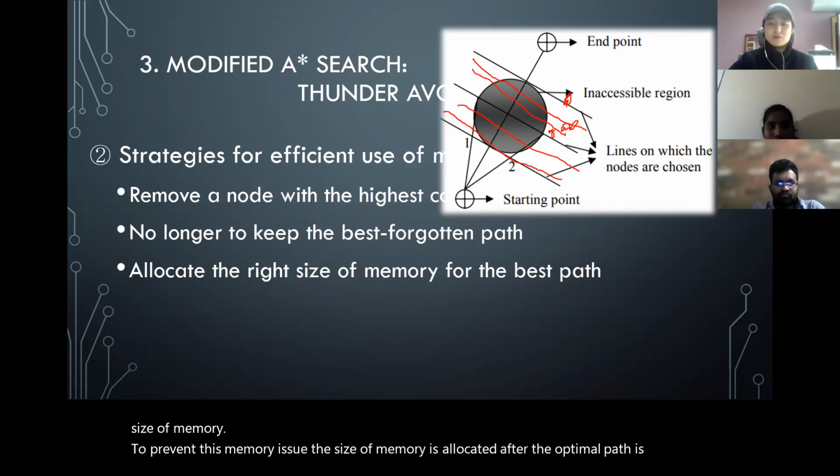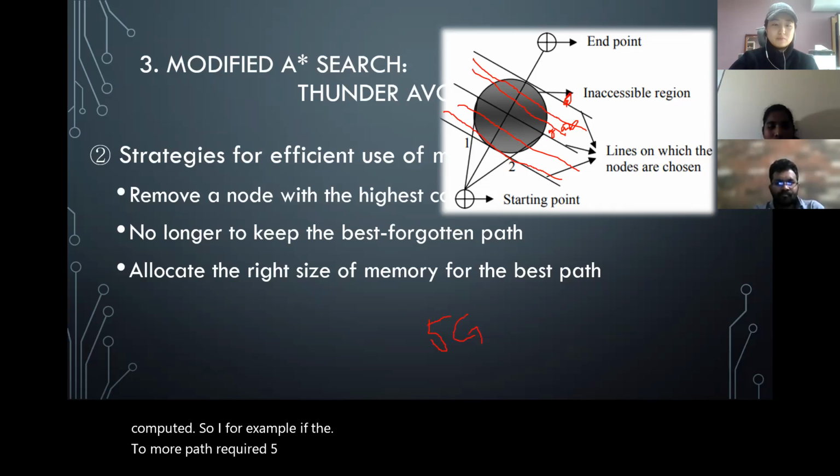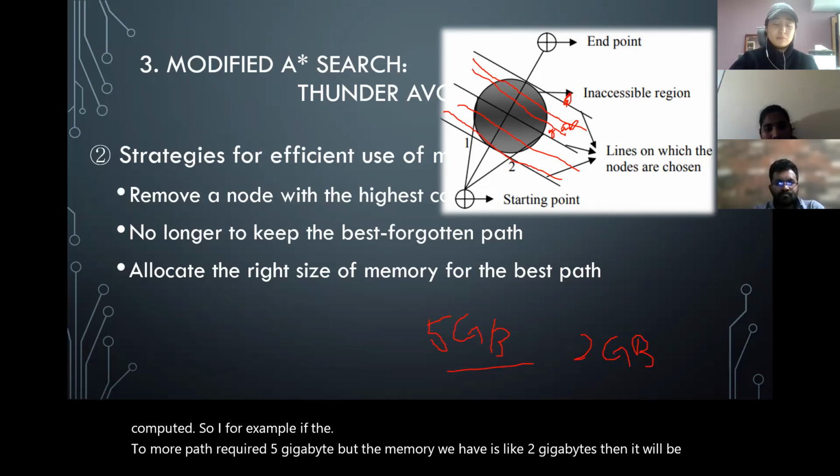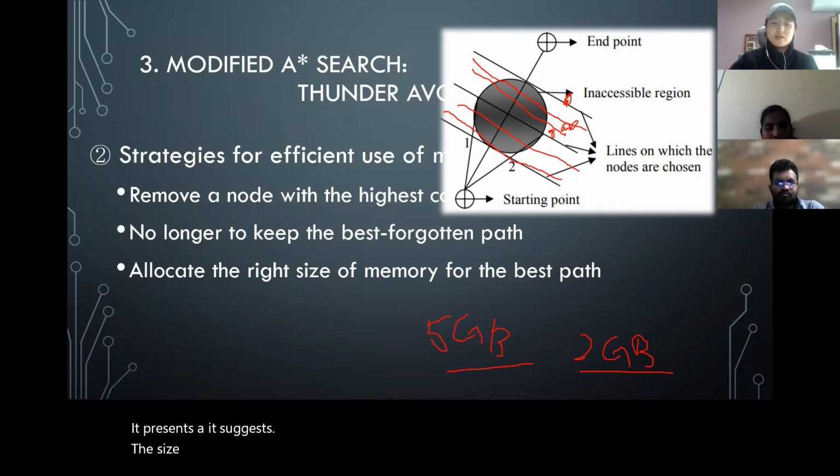For example, if the optimal path requires 5 GB, but the memory we have is like 2 GB, then it will be impossible to run this optimal path on our system. So it suggests the size of memory is allocated after the optimal path is computed.